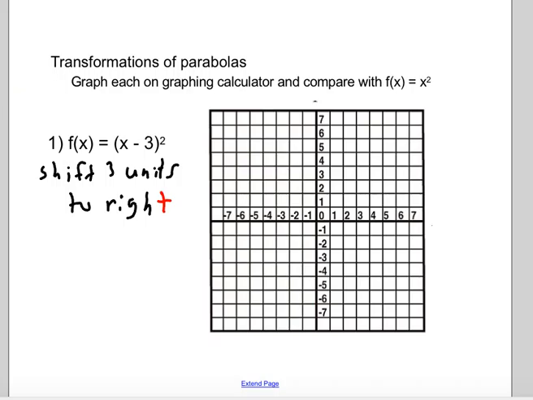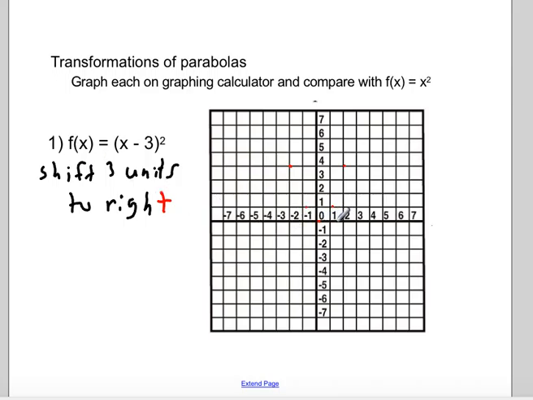So now that I've got it shifted 3 units to the right, I could also just kind of graph these two back out here again. So if I want 0, 0, 1, 1, 2, 4 to kind of show you, -1, 1, -2, 4. So each one of those dots there, what I'm going to do is shift each one of those to the right 3.